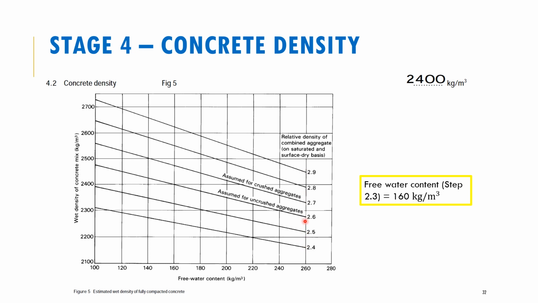In terms of the relative densities, it's 2.6, and we've got uncrushed, of course. So we're going to be using that line to obtain the wet density of the concrete mix. From 160, go up until we hit that curve, and then read across, and that's 2,400. That's your concrete density.